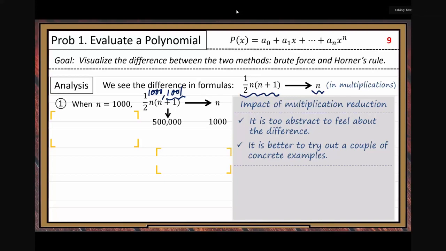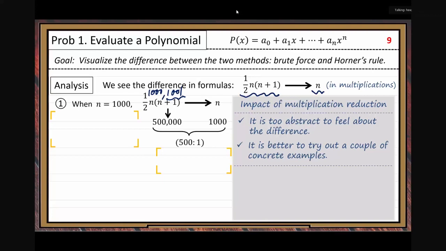How large is the difference? If you compare, in our first example, the difference is a 500 to 1 ratio. Is it a good improvement?